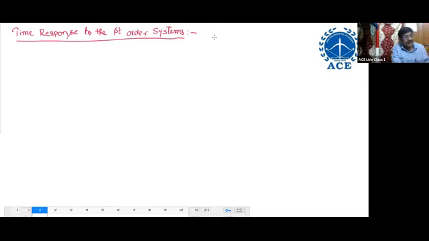Draw the block diagram of the first order system, all of you. R of S, summing point, 1 by tau S, C of S, minus.